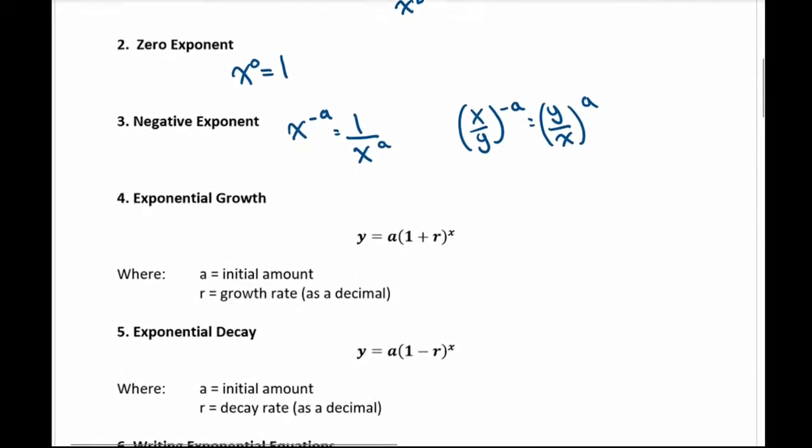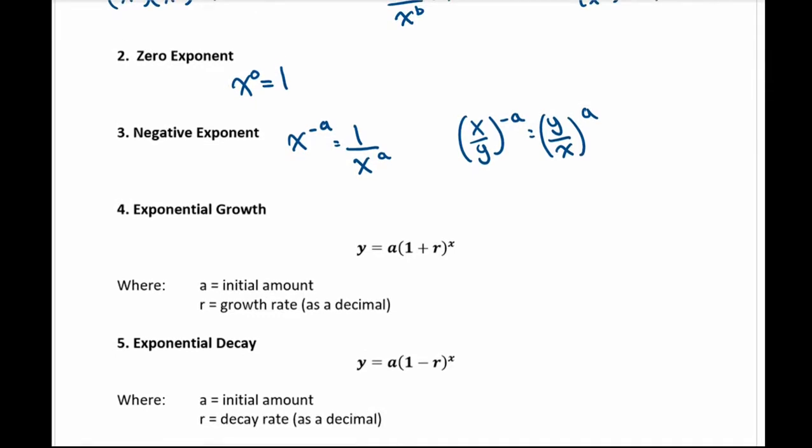Exponential growth and exponential decay are almost virtually identical in terms of the equations. Exponential growth: y equals a times (1 plus r) to the power of x. A is the initial amount, and r is the growth rate as a decimal. So if something grows at a rate of 5%, you have to turn that to a decimal.